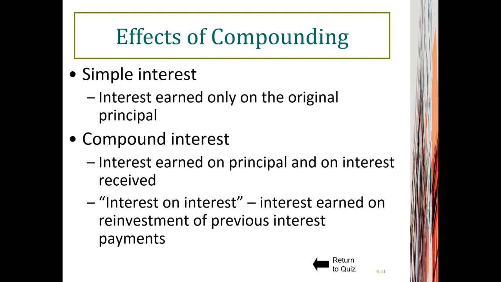To understand why the future value is 121 instead of 120, we need to understand the difference between simple interest and compound interest. Simple interest only considers interest earned on the original principal. Compound interest considers a very important source of investment return, which is called interest on interest.